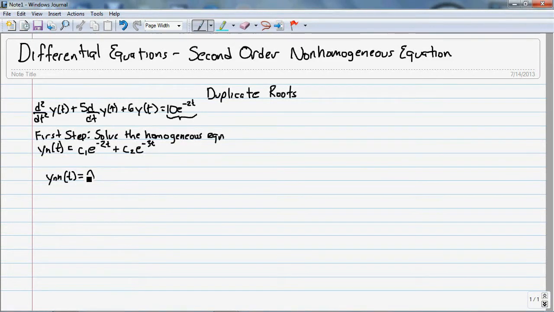So if I say a e to the negative 2t, well, that's just a term in our homogeneous solution, and if we put this into the equation, it's just going to come up as 0. So this is not what we want. So anytime we have a duplicate, we need to multiply by the independent variable, in this case t.